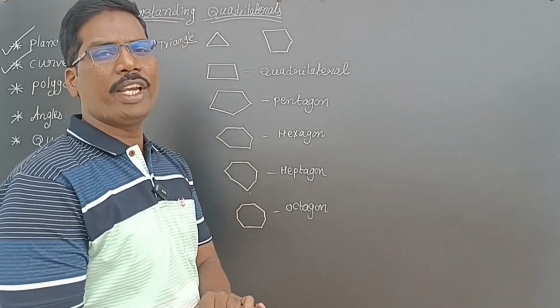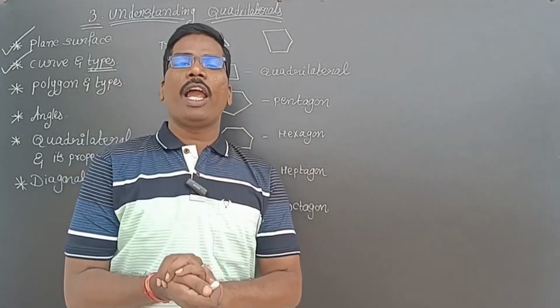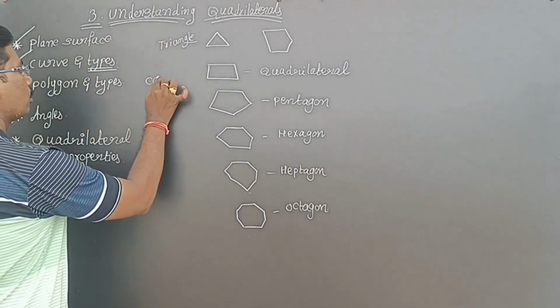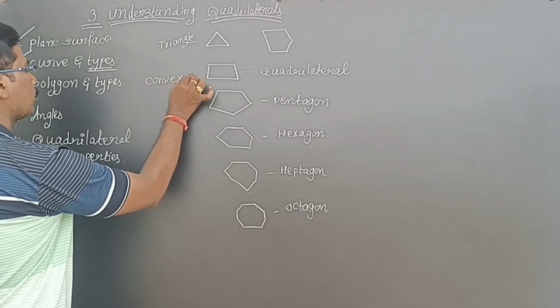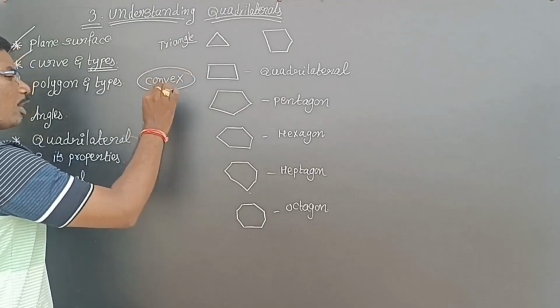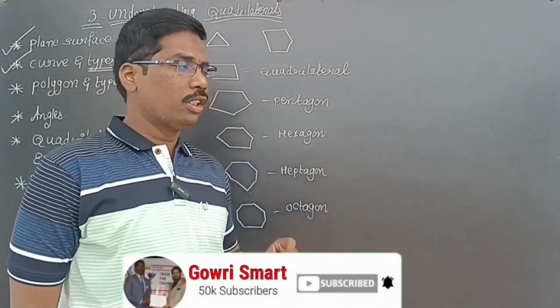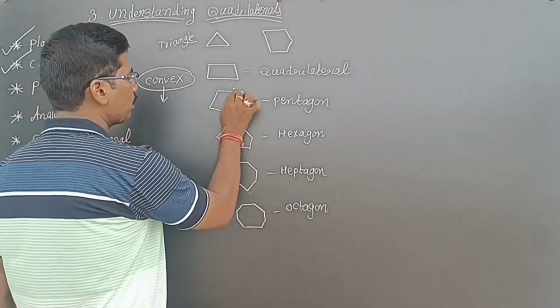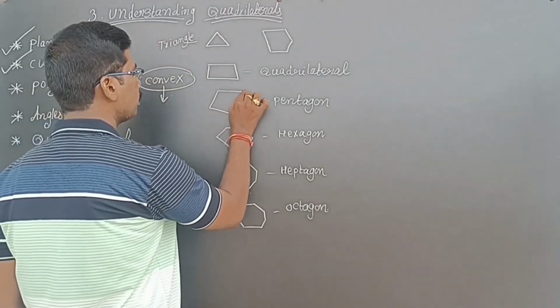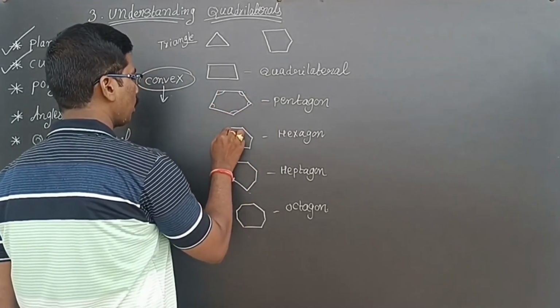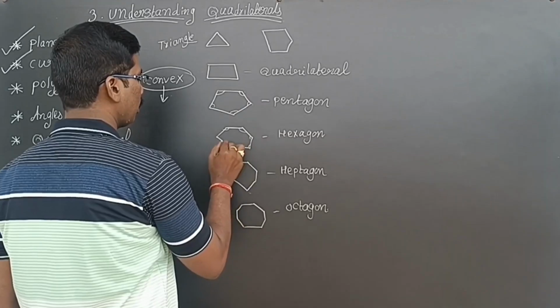Mainly two types: convex polygon and concave polygon. What is a convex polygon? These polygons have sides, vertices and angles, and those are called interior angles.